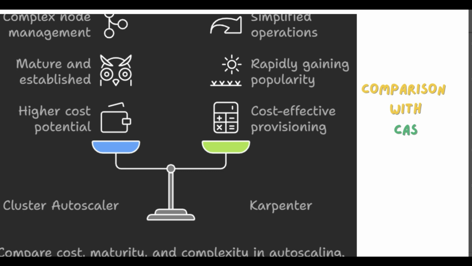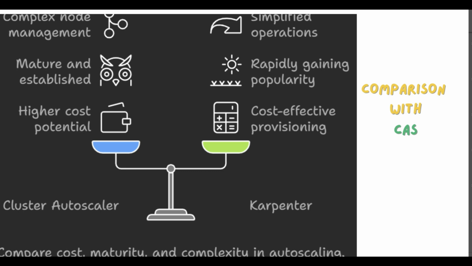So the adoption of Karpenter is reaching other clouds too. While there are plans for multi-cloud support, its primary integration is with AWS, but not limited to AWS.